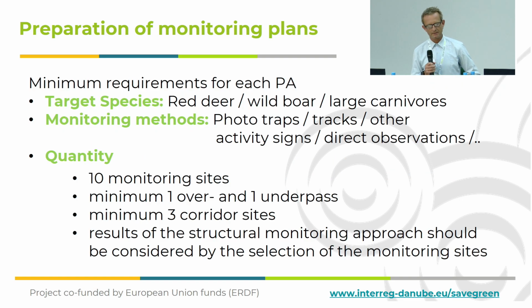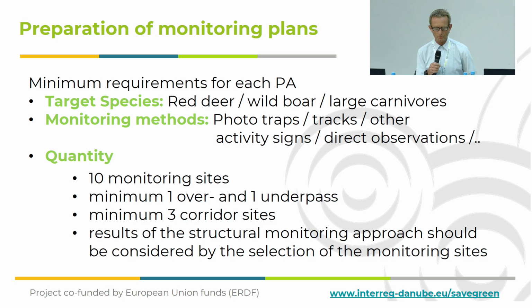These minimum requirements were defined for the target species: red deer, wild boar, and large carnivores. For the monitoring methods, we use photo traps in the field, and we mapped tracks, other activity signs, and direct species observations, and all these feature types, which I will present afterwards, are part of this harmonized model.